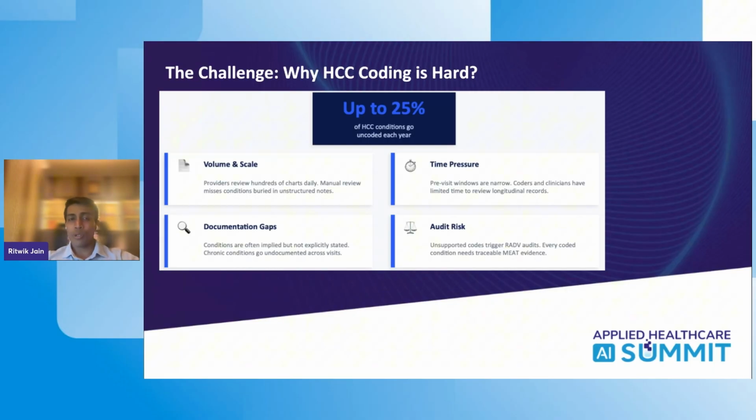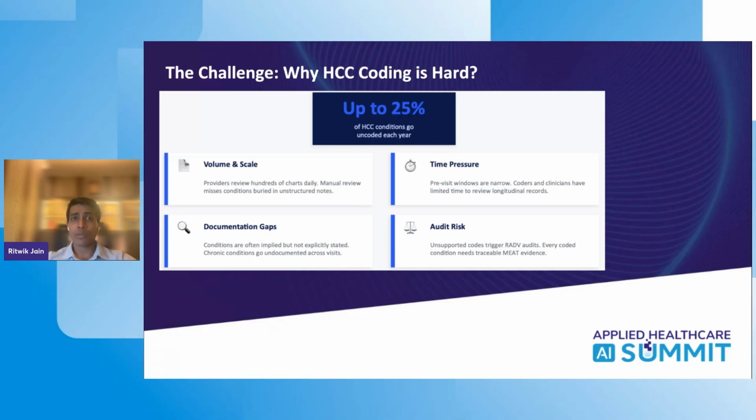So let's talk about why this actually happens. The first challenge is volume and scale. Providers are reviewing hundreds of patient charts every single day, and these aren't simple, clean documents. They are longitudinal patient records spanning years, filled with unstructured clinical notes, lab results, discharge summaries, and specialist reports as well.